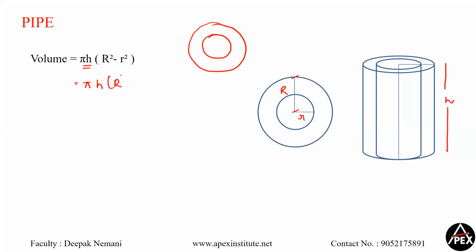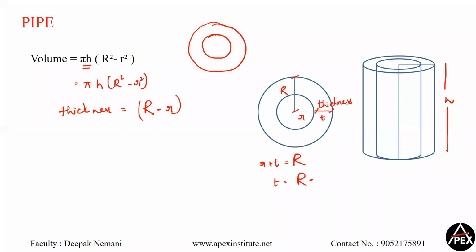And this, I call the thickness of the pipe. We can find the thickness by subtracting small r from capital R. If I call this t, r plus t is equal to capital R, or thickness is equal to outer radius minus inner radius, isn't it? Clear, guys?